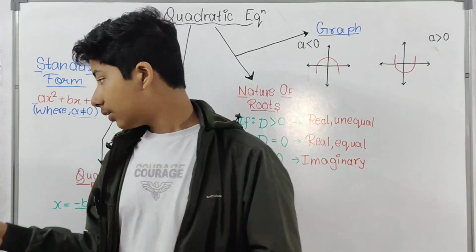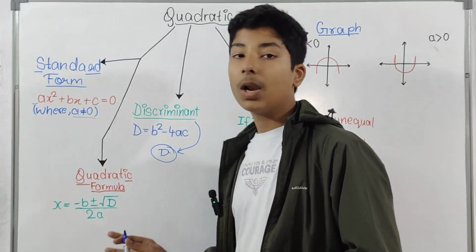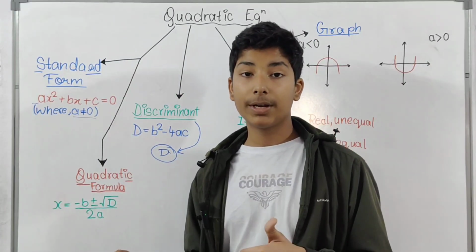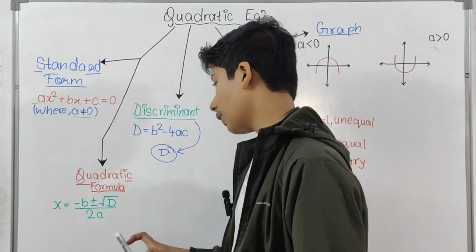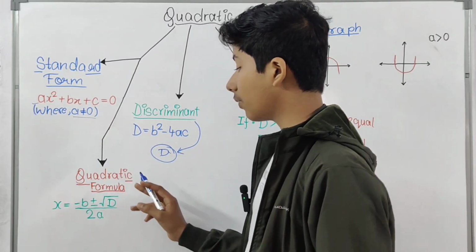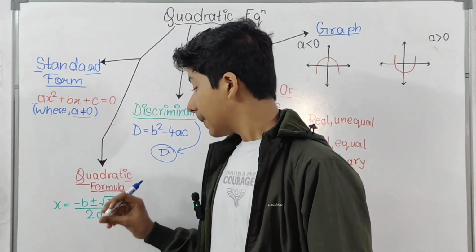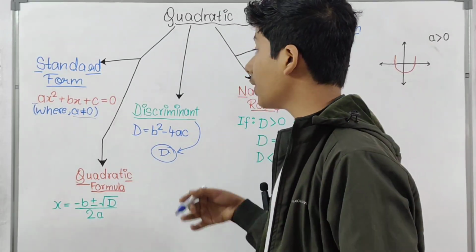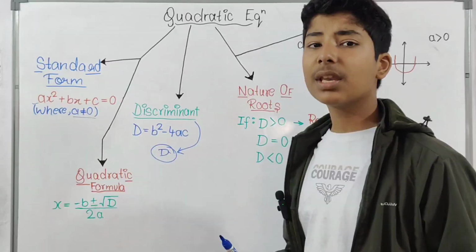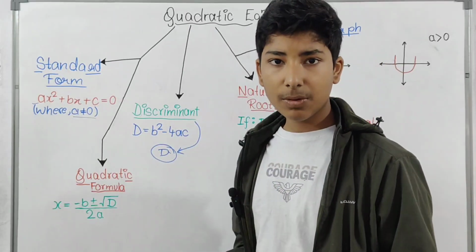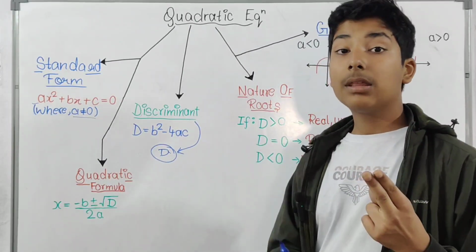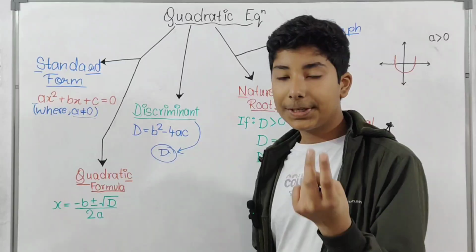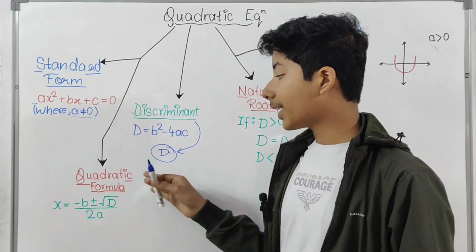Now coming to the quadratic formula, this is a method to find out the roots. For example, you have been given an equation. How will you find the roots? There are three methods: completing the square, factorization means middle term splitting, and the third one is the quadratic formula.